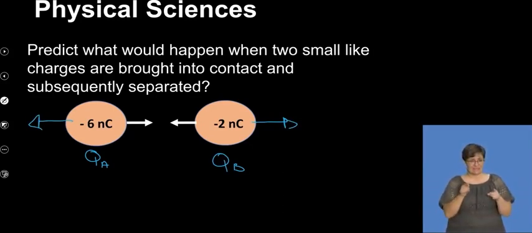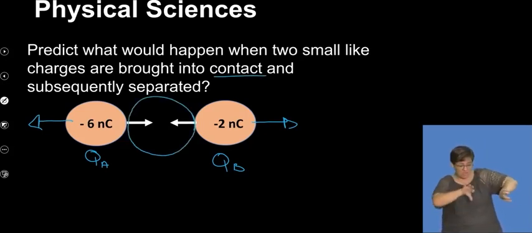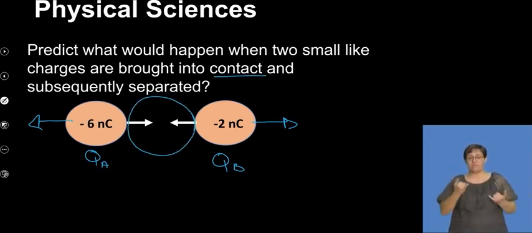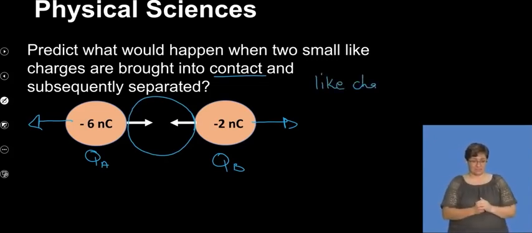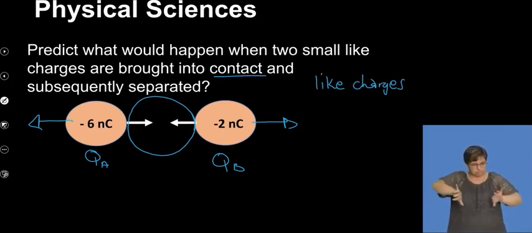These arrows are saying that we put them together so that they make contact. But we know that before they make contact, they tend to repel each other because these are like charges. So the white arrows suggest that they are brought into contact, but before that, they are pushing each other away.